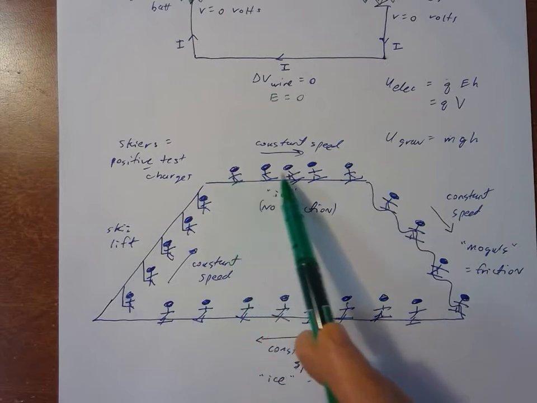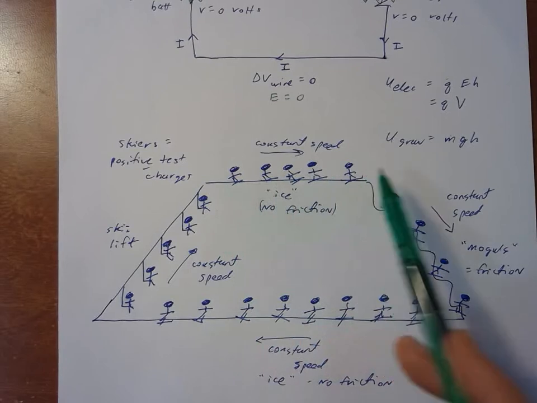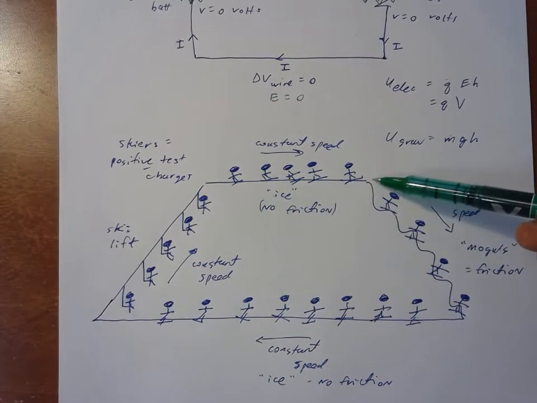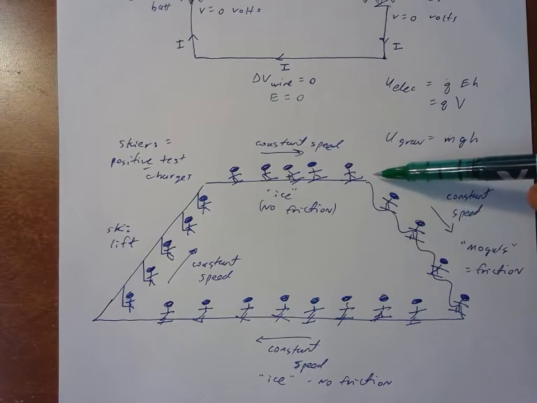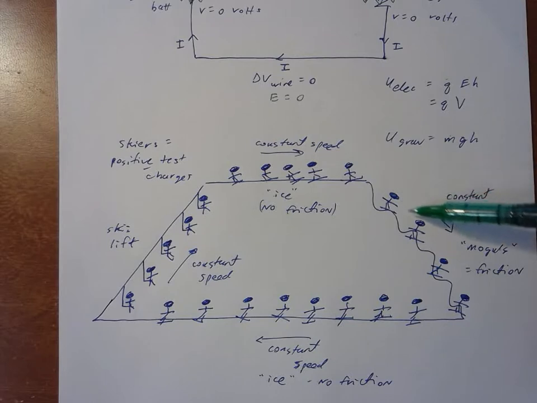And when they get to the other side of this picture, then they go downhill. If there weren't any friction, they would gain speed. But we're going to assume that there's a lot of friction because of the bumps in the hill. Those are called moguls if you've ever gone skiing.